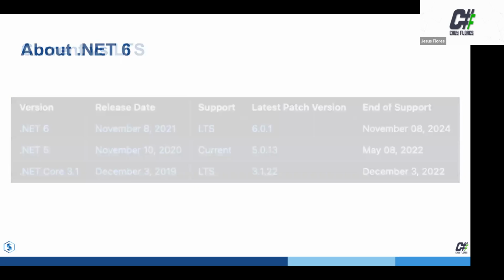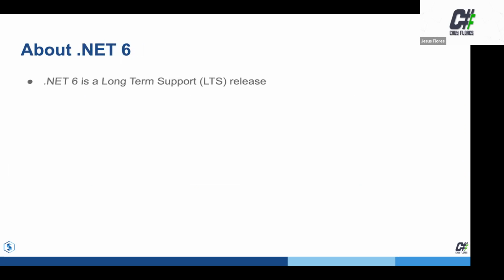About .NET 6, it is a long-term support release, as we saw. This version comes with C# 10. They have added some new features for the C# language. Also, Visual Studio 2022 is currently the only Visual Studio you can use to create applications in .NET 6.